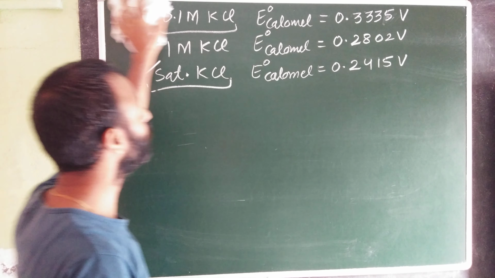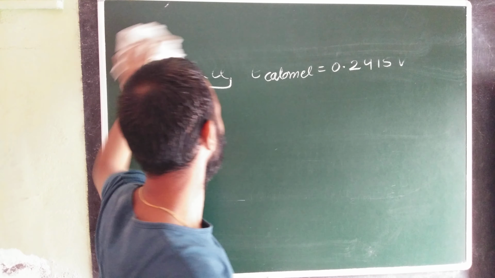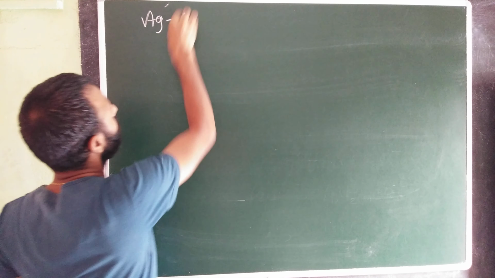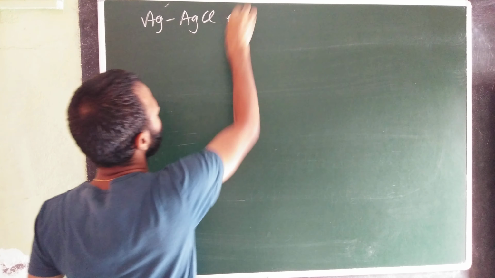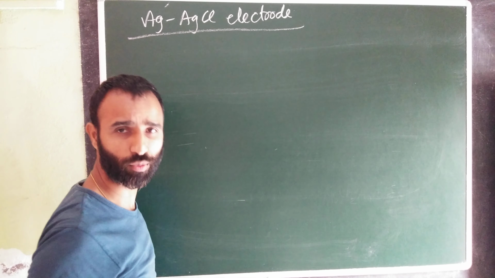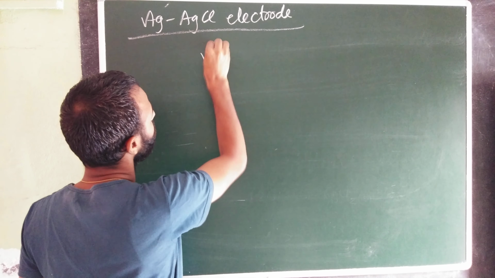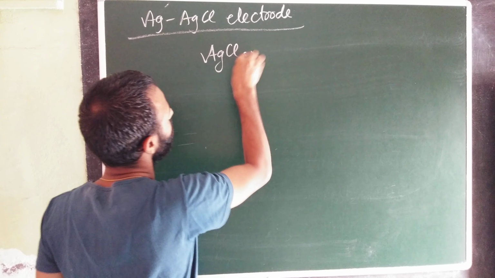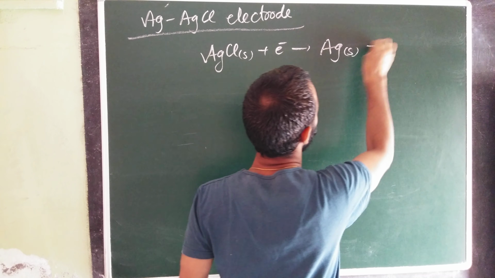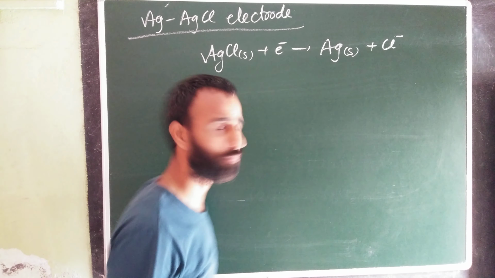Got it? Now the silver chloride electrode. In the silver chloride electrode, the reaction is the same as that of calomel. If reduction takes place on this electrode, AgCl solid gains 1 electron to give Ag solid plus Cl negative.